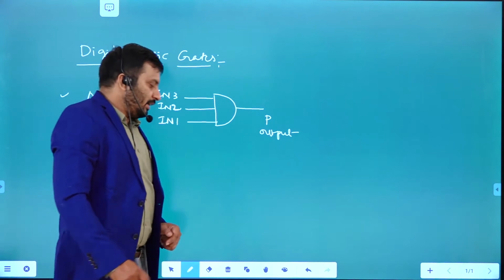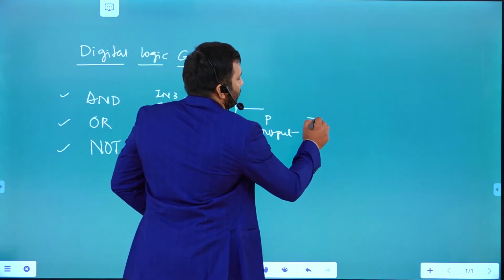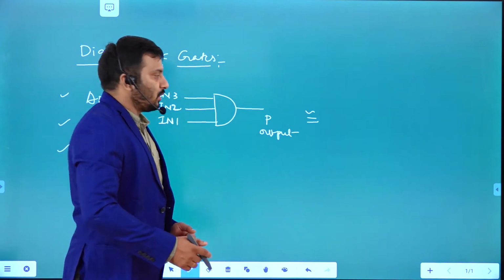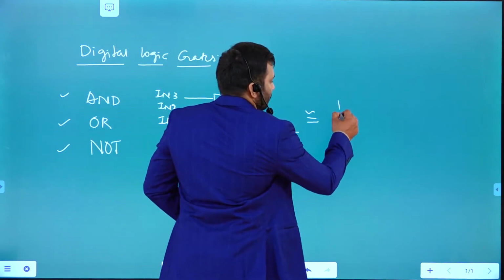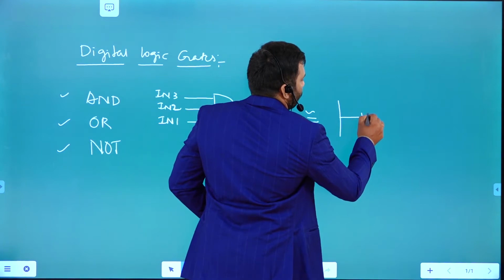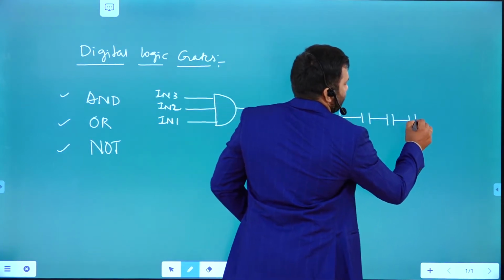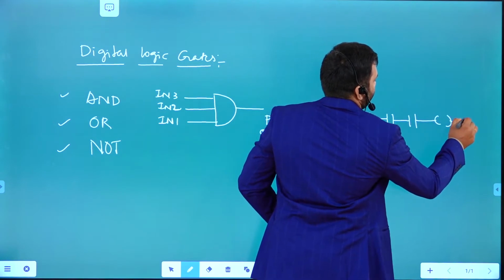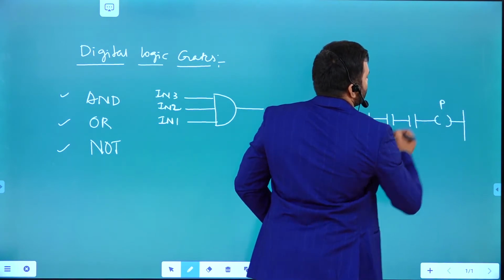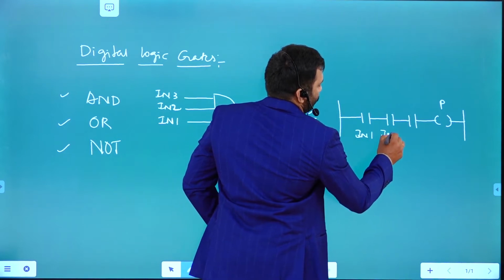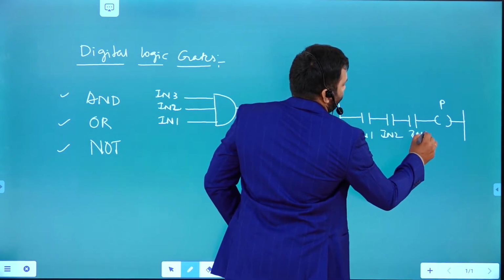Similarly, in terms of ladder logic circuits, the AND gate is going to be like this. The output is P. This is input 1, this is input 2, and this one is input 3.